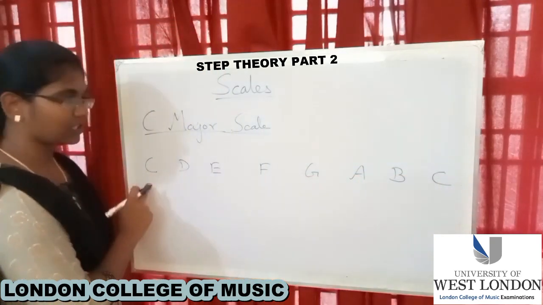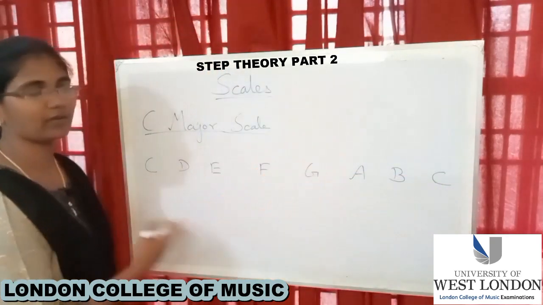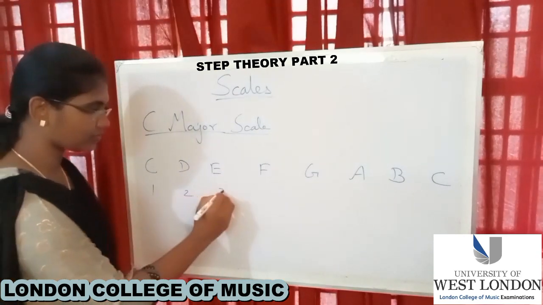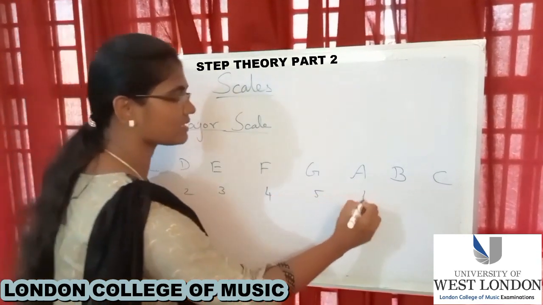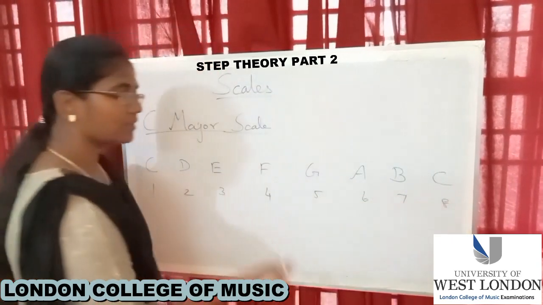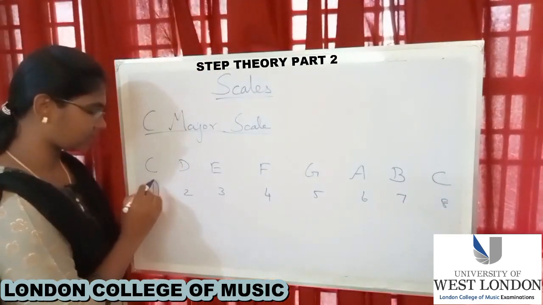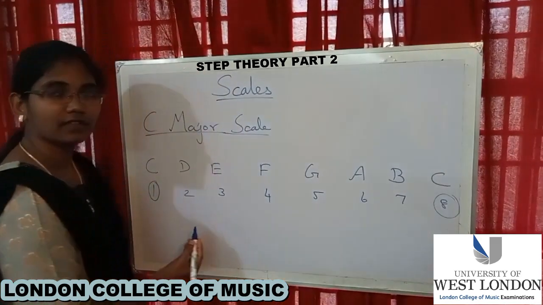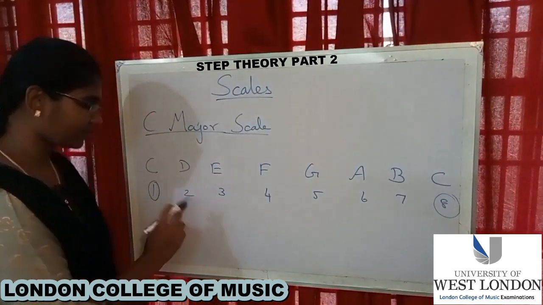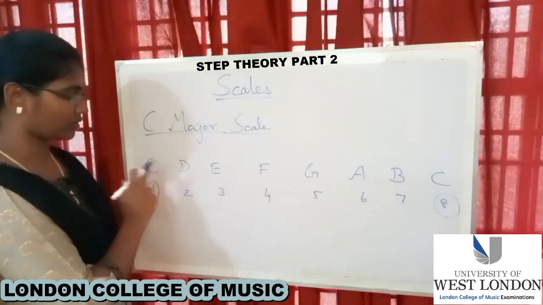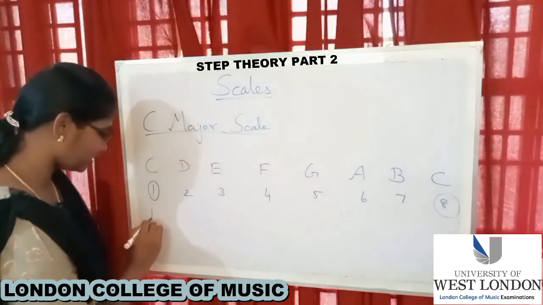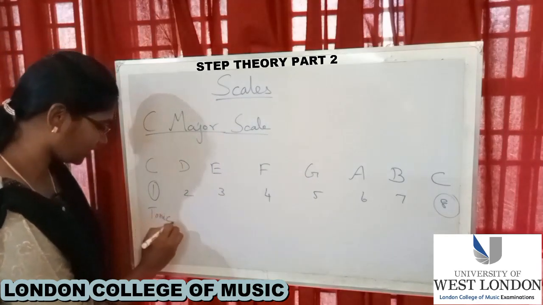So put the numbers for the notes: 1, 2, 3, 4, 5, 6, 7 and 8. After that, you have to circle the first and the 8th note. The first and 8th note must be the same because of a tonic note. These two notes are called tonic note.